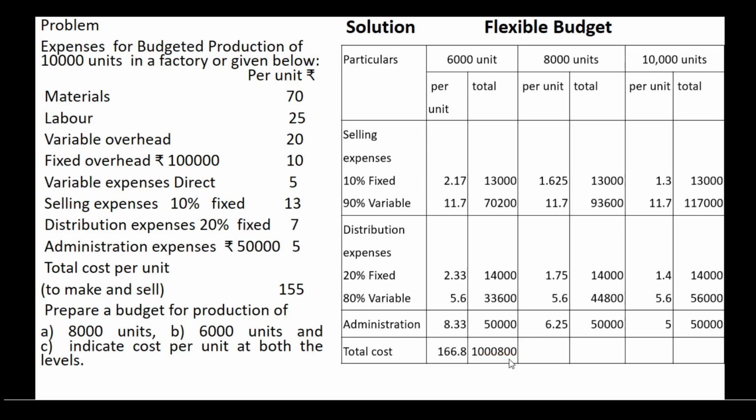Under the 8,000 unit, the cost per unit is 159.425 and the total amount is 12,75,400 rupees. Under the 10,000 unit, the cost per unit is 155 rupees and the total amount is 15,50,000 rupees. So in this way, we solve the flexible budget.